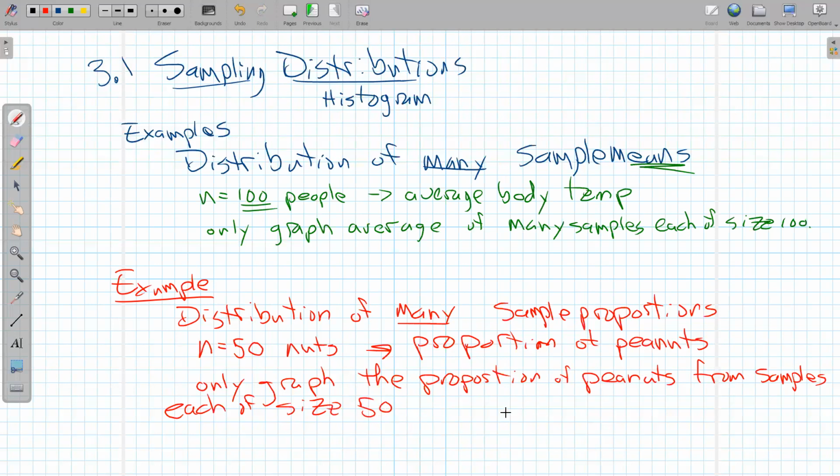And see what happens. So that would be a sampling distribution.